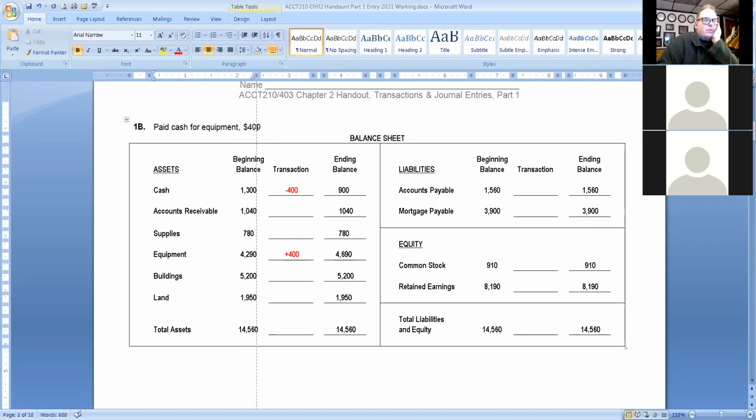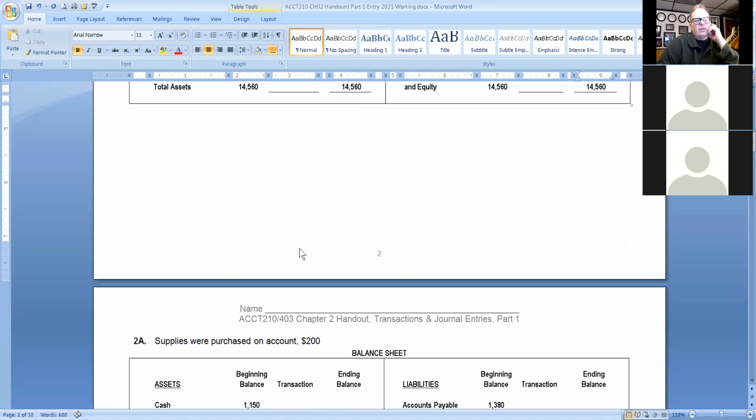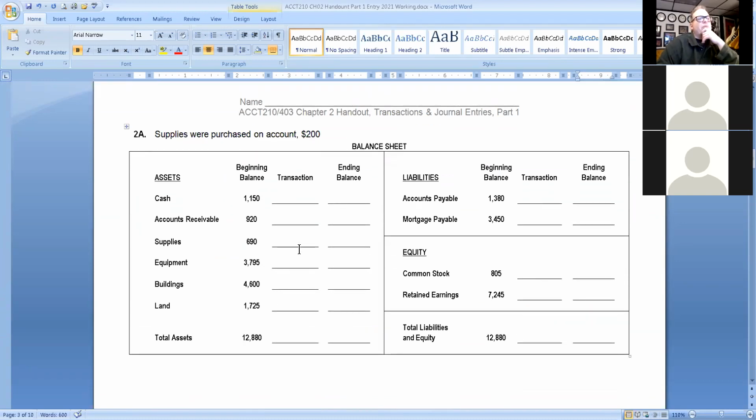This transaction has nothing to do with accounts payable, mortgage payable, anything like that. So these accounts are not affected. What we're going to do in the future, and this has evolved through hundreds of years of people doing accounting, is look at just whatever 2 or 3 accounts are going on.